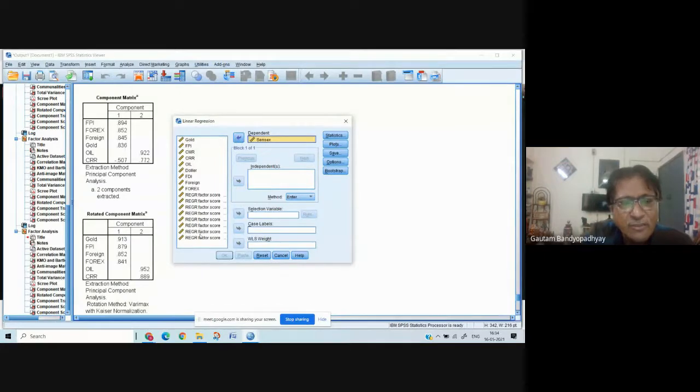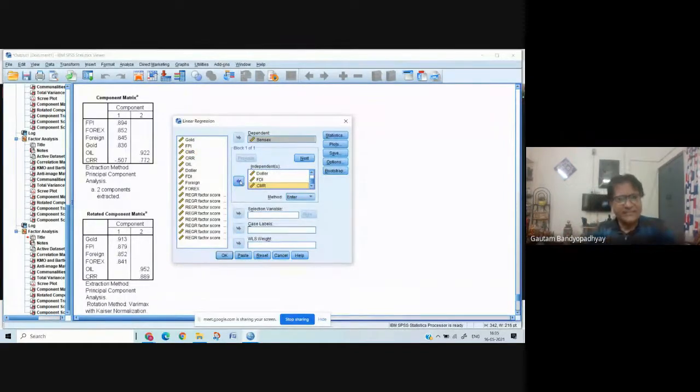With this we will consider the last 2 factor scores. And dollar is definitely an important variable because it affects both factors. Initially we discarded FDI and CMR on the basis of communalities.